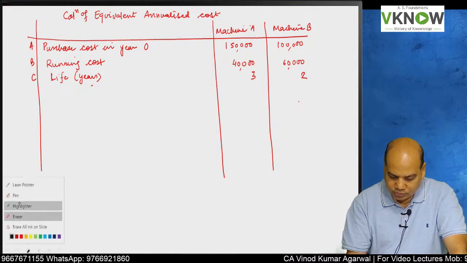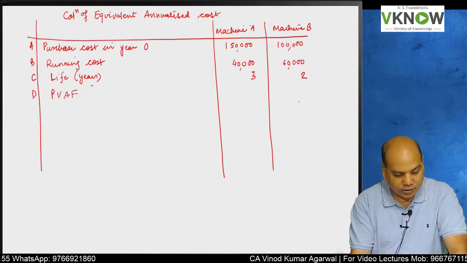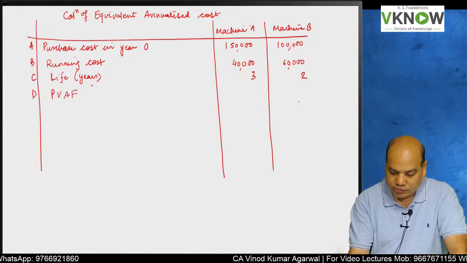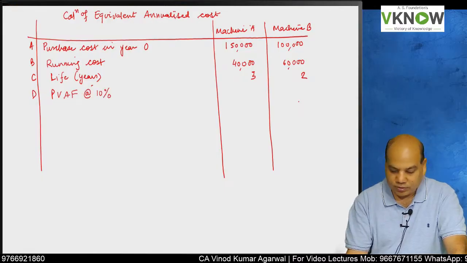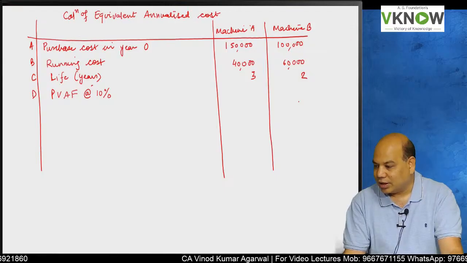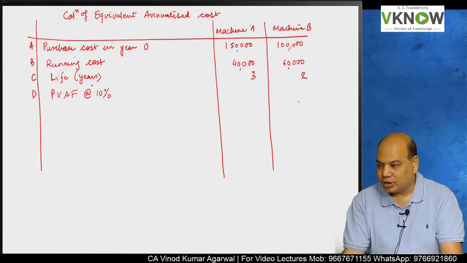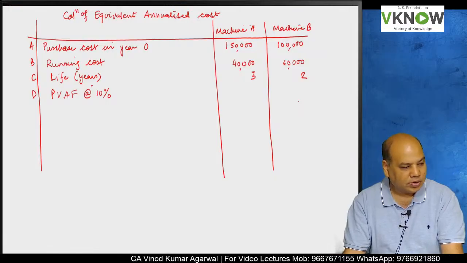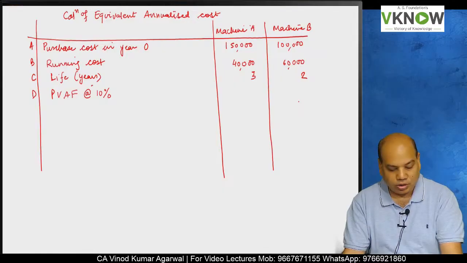Then point number D, present value annuity factor at the rate of 10%. You will calculate the annuity factor: 1 divided by 1.10, equal to, memory plus, equal to, memory plus, equal to, memory plus, memory recall function.